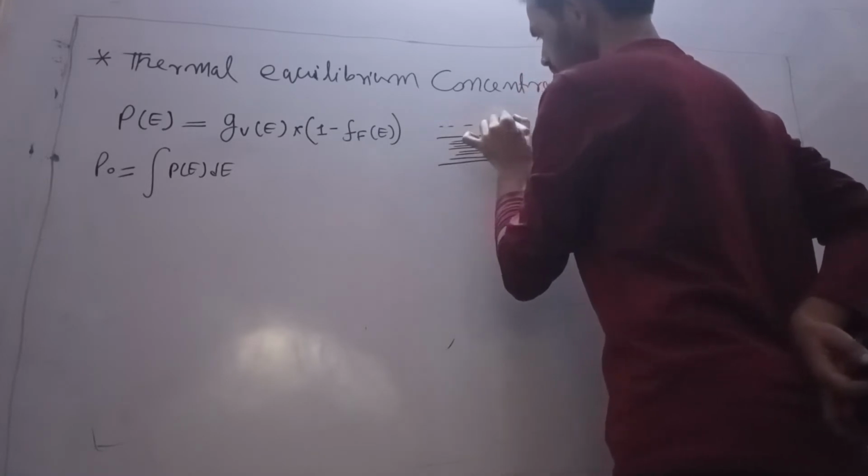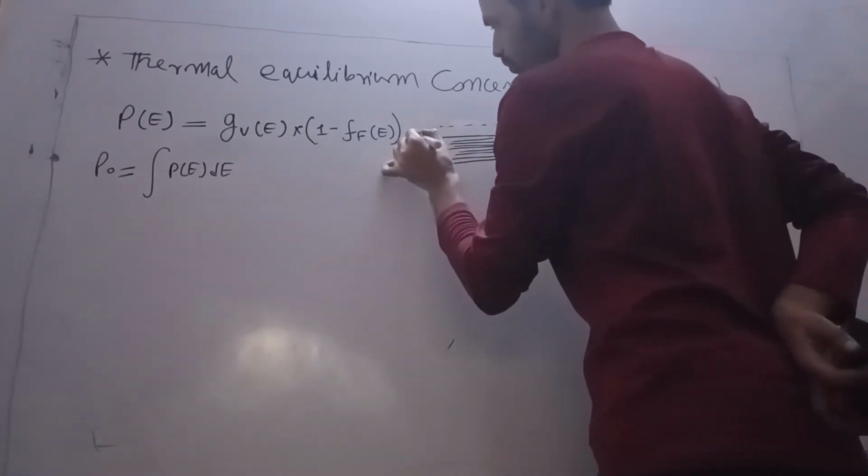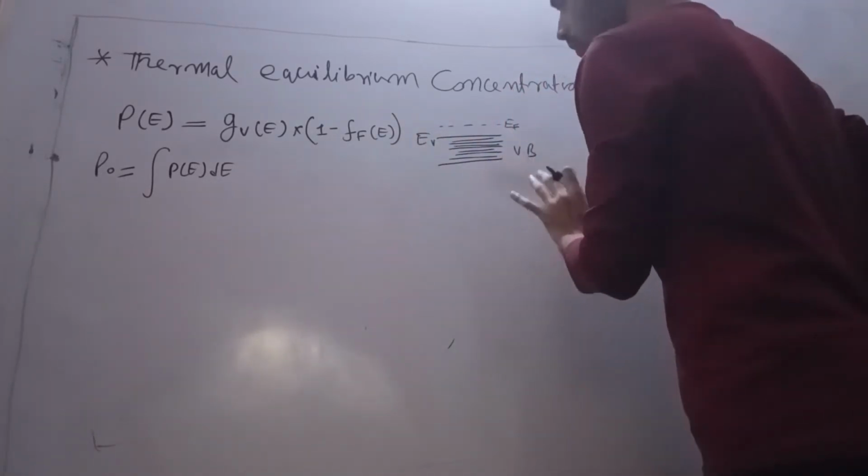Somewhere here the Fermi energy level is there, and this is the top of the valence band.